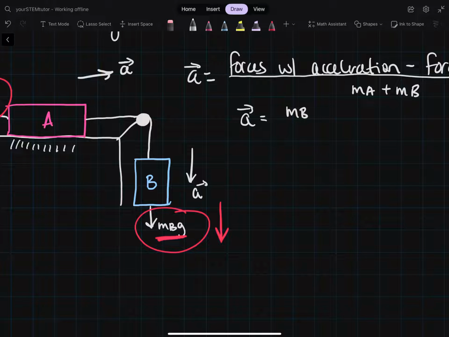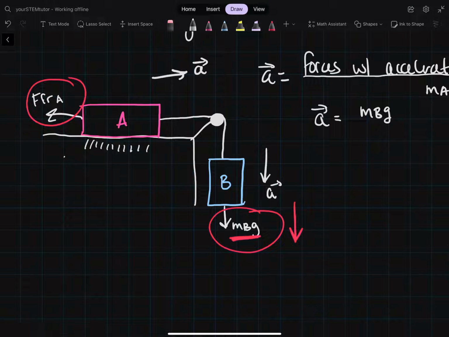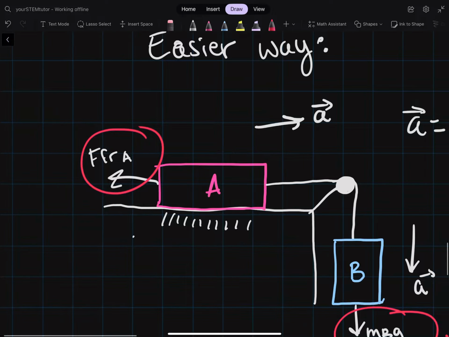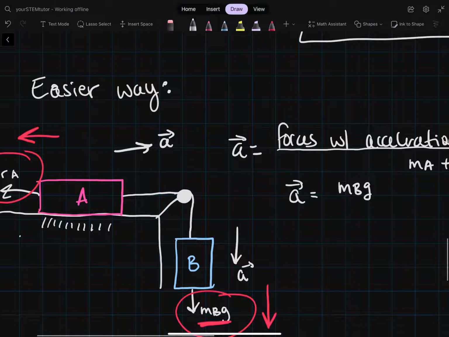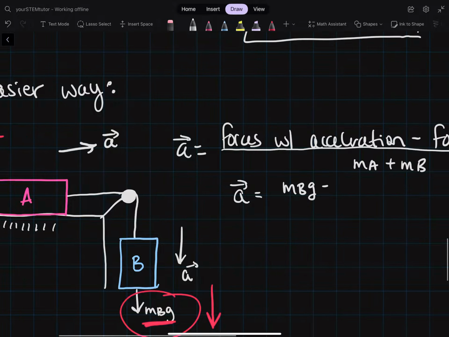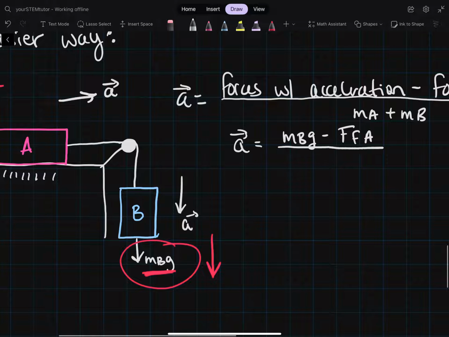So MBG is positive. And then our other force we're considering is over here, and it is opposing our acceleration, so it is negative in this case. So it's minus the force of friction of A. And this is all over MA plus MB.